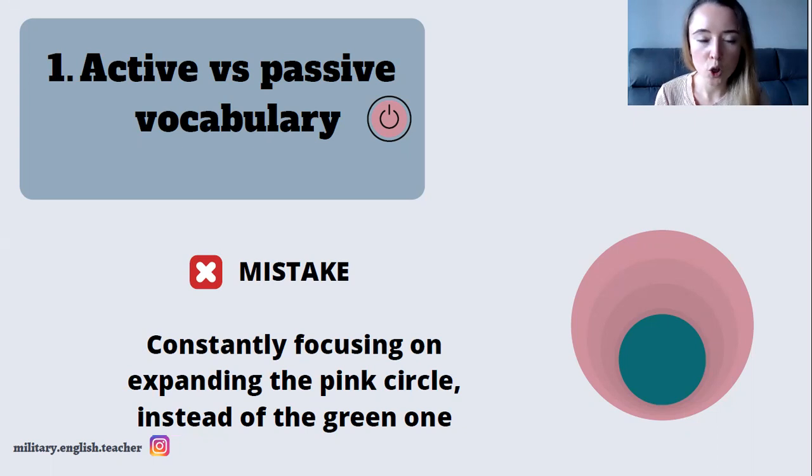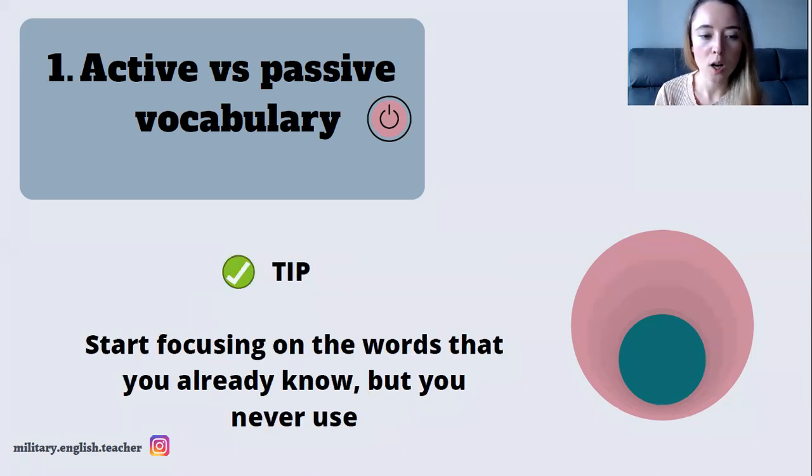So I want to show you today how you can expand the green circle, how to focus on active vocabulary and expand this one. So my tip is expanding the green circle, not the pink one.